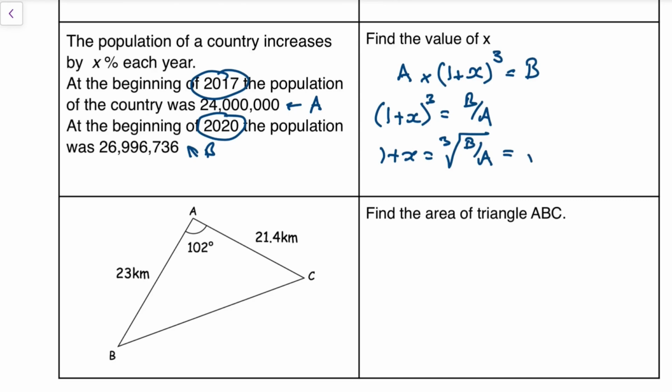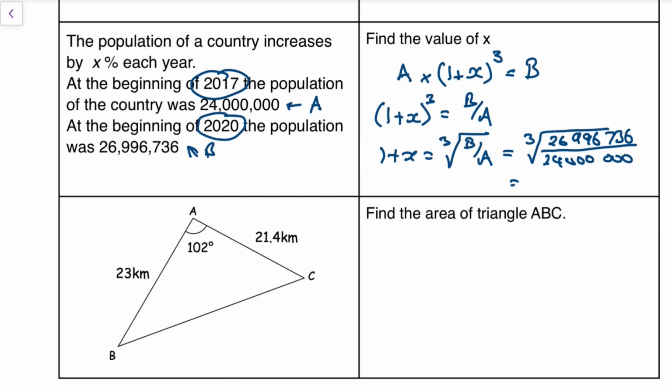So if I now do it in my calculator, I'm going to do the cube root of the numbers I don't want to write down. So it's 26,996,736, and divide all that by 24,000,000. Before I put it in my calculator, because that 26,996,736 is a bit of an exact number, I'm guessing my answer is going to be a nice round number. So I put it in my calculator.